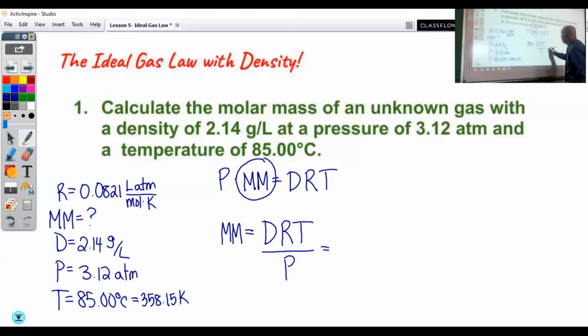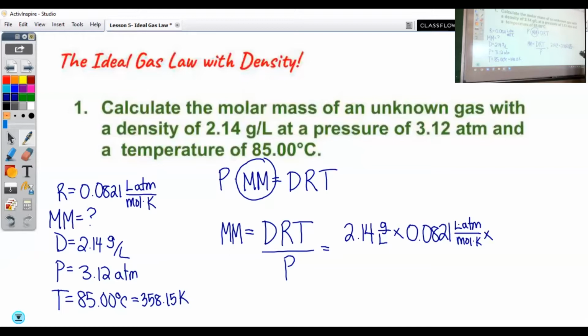So now I'm going to substitute into my equation. We have our density, that's 2.14 grams per liter. We have our value for R, which is 0.0821 liter atm over mole Kelvin.